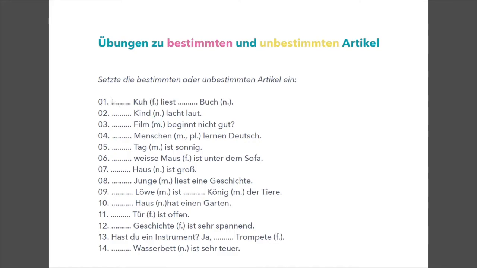Please don't stop filling out these exercises and then ask questions. An exercise is always a good opportunity to learn vocabulary, to learn the plural form, so die Kuh, eine Kuh. I know it's feminine, I know the defined and the undefined article, and die Kühe, I can also learn the plural form of this noun.